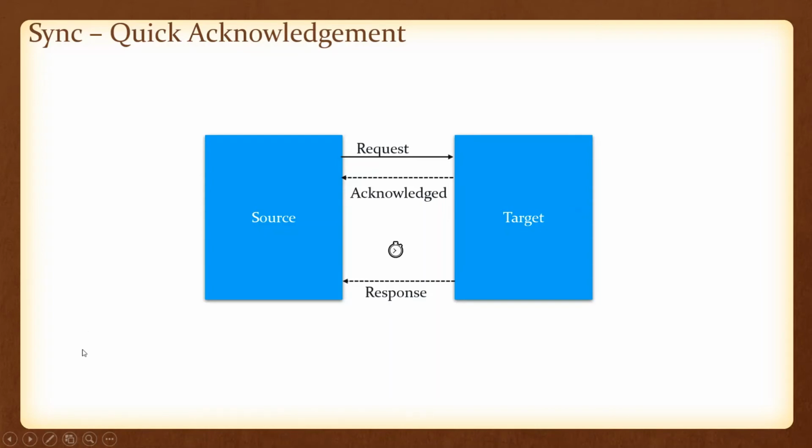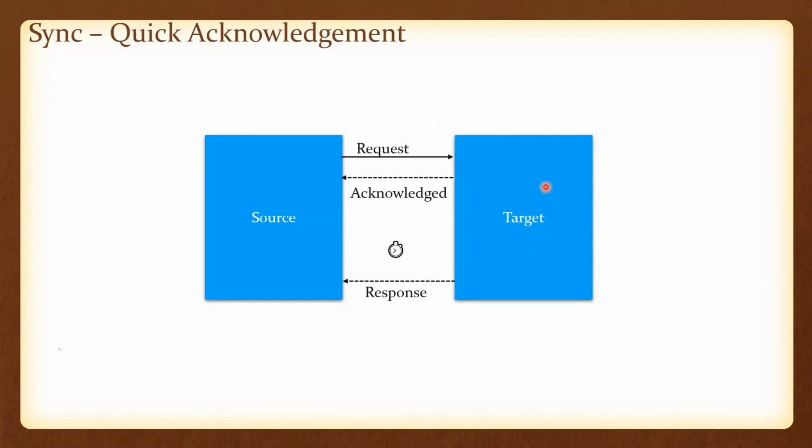So how does this quick acknowledgement pattern work? We send a request to the target system, and to eliminate the uncertainty at the source, because the target system is going to take a long time to process the request, and we cannot wait for that long because the request will obviously get timed out if it is an HTTP based connection.